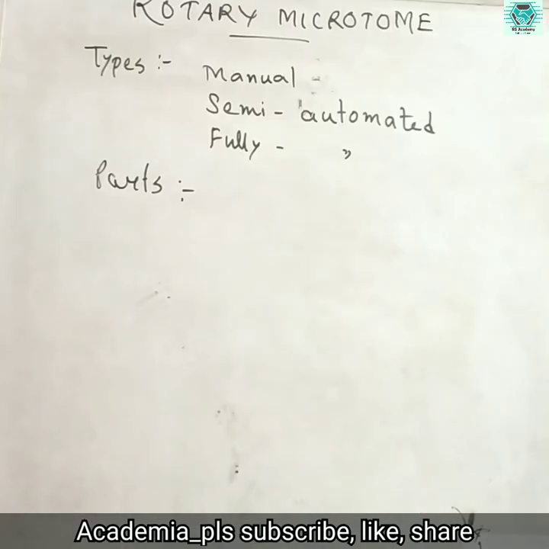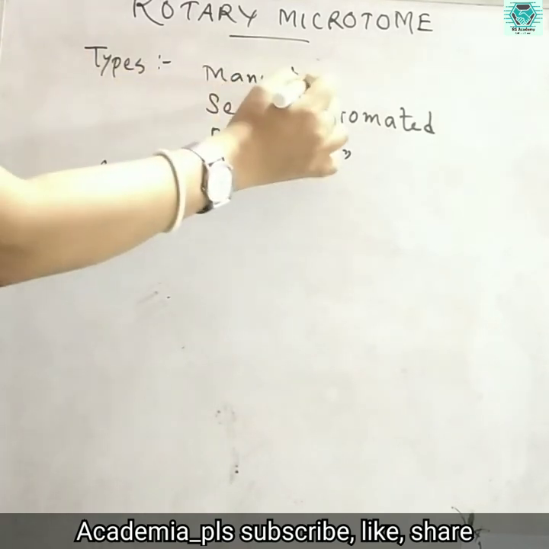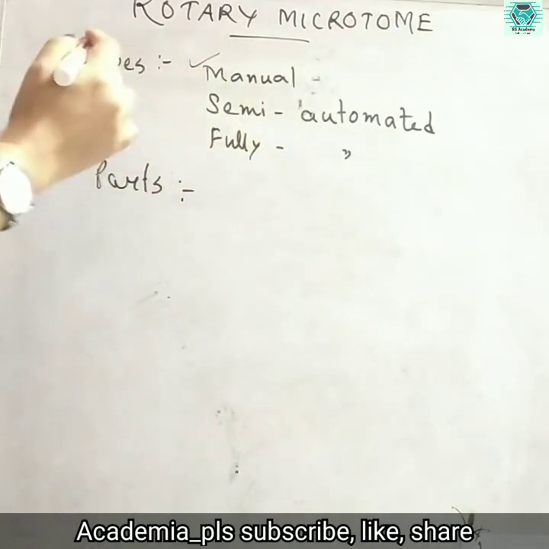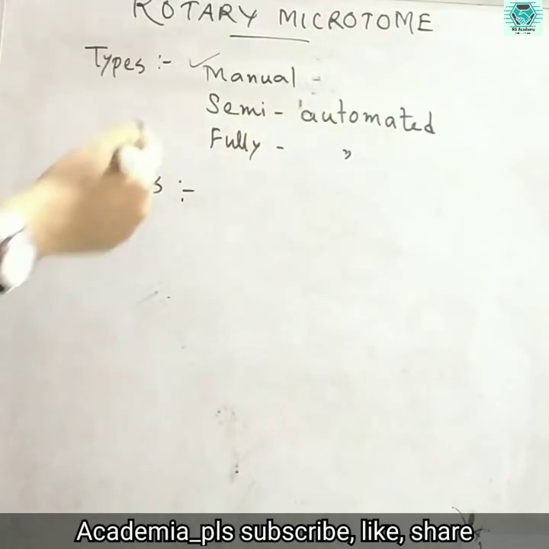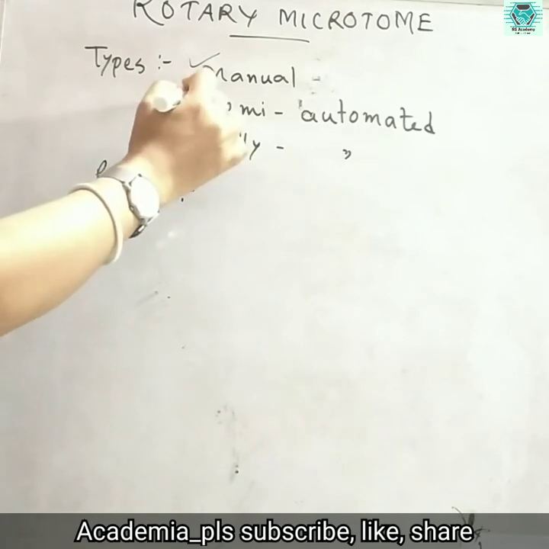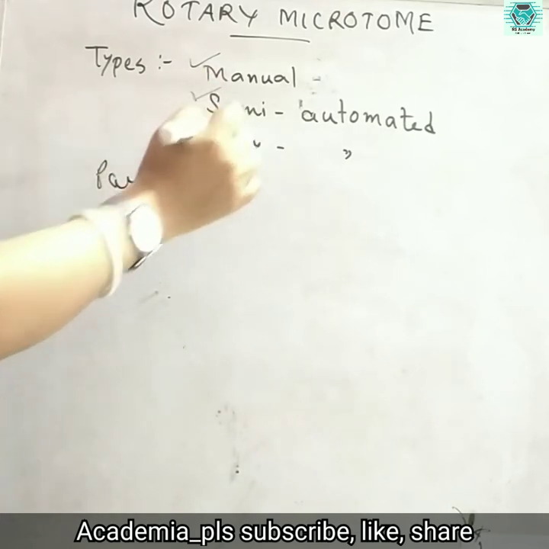Now we focus on the rotary microtome, which is the most commonly used microtome in all laboratories, basically college laboratories. So here there are three types. One is manual, which is operated by our hands, rotating the wheel. Another is semi-automated, and the third is fully automated.